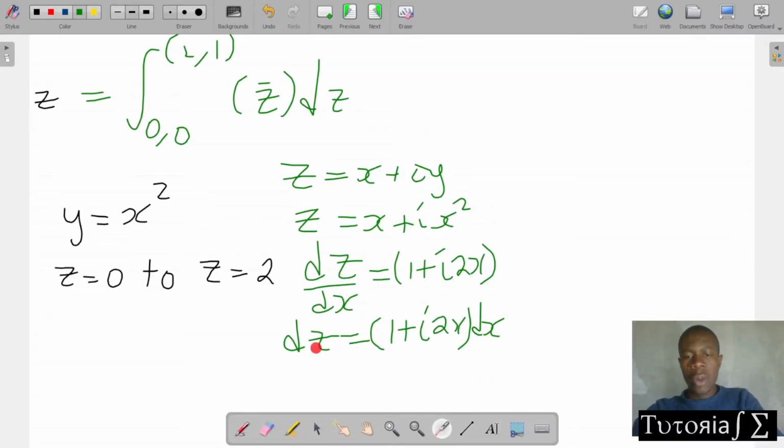That is to say, wherever there is dz in our given integral, we can replace it with this. Okay, and we need to have y and x. We know that z bar is equal to x minus iy in this case.